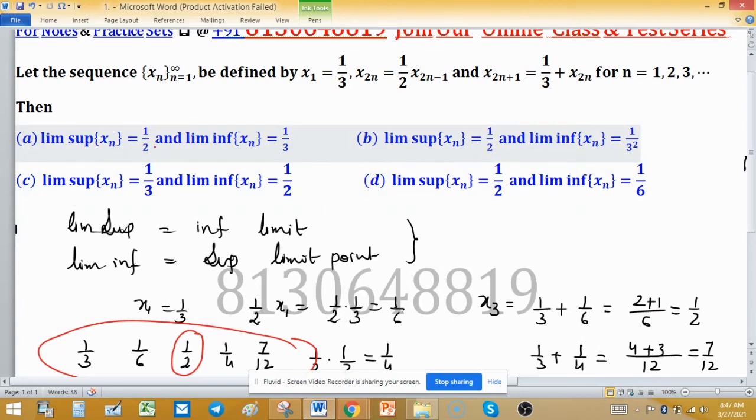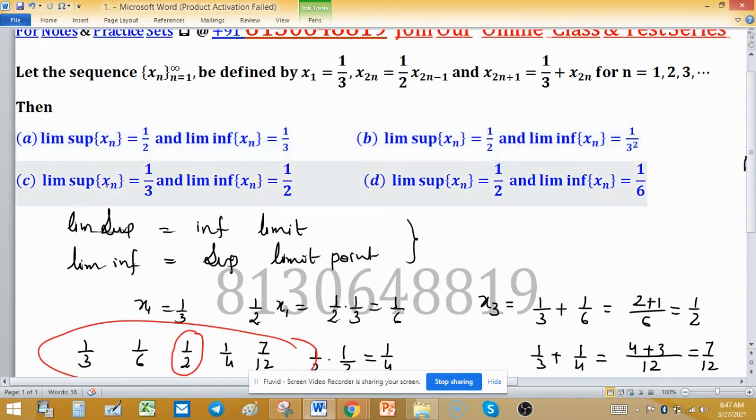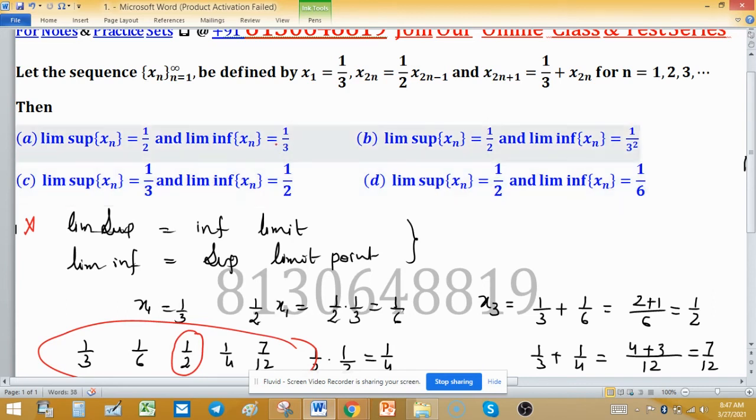Limit superior is half in option A. Similarly in option B. In option C, 1 upon 3. And in option D, 1 upon 2. So option C is discarded here. Now we have three possibilities, options A, B and D. It means if we somehow get an idea about limit inferior, then we are done.